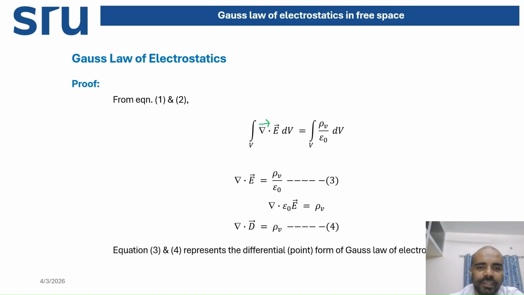The volume integration of divergence E dV is equal to the volume integration of rho v dV divided by epsilon naught, where rho v is the volume density of charge. So for an arbitrary volume dV, we can write divergence E equal to rho v by epsilon naught, where rho suffix v is the volume density of charge.